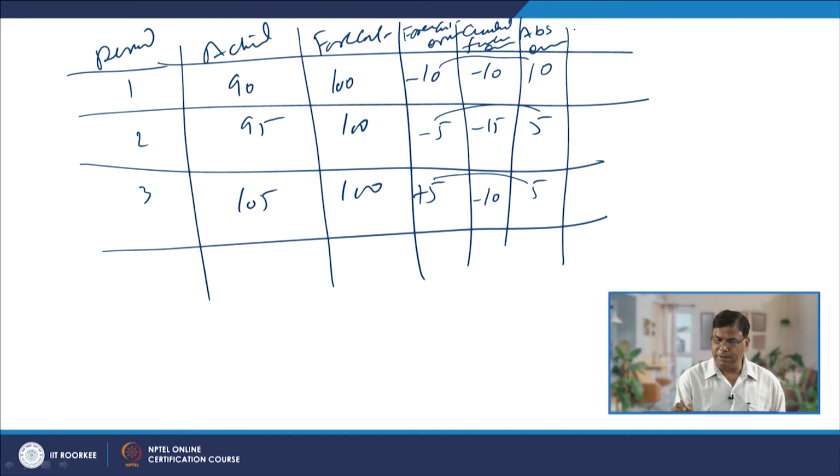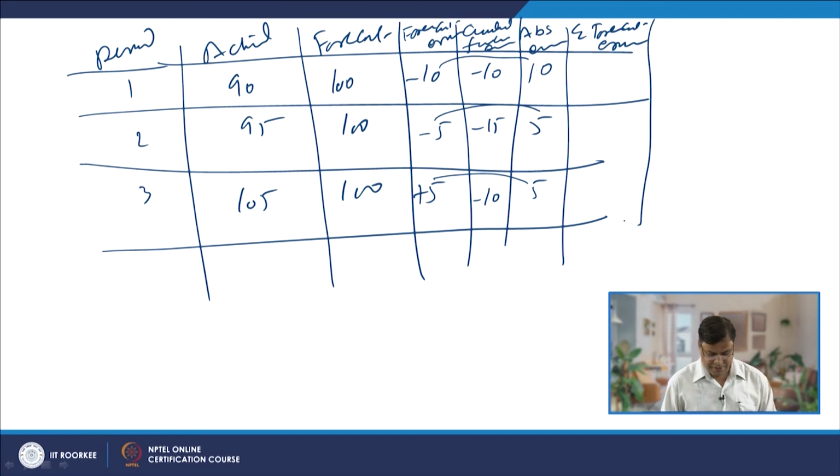So, a sum of the forecast error, absolute error basically, will be like 10, 15 and 20.